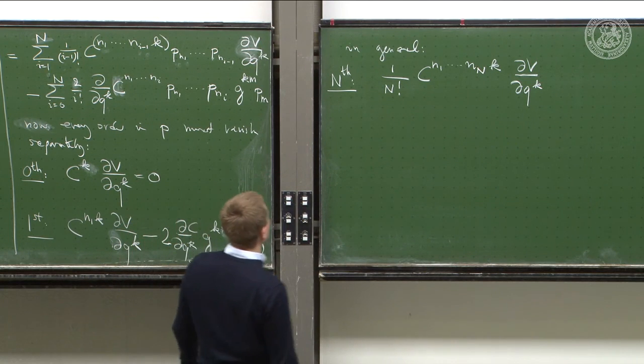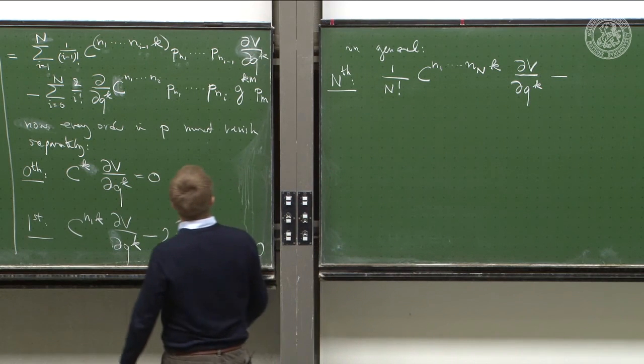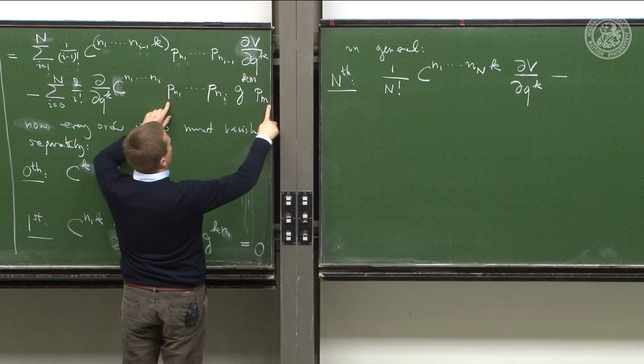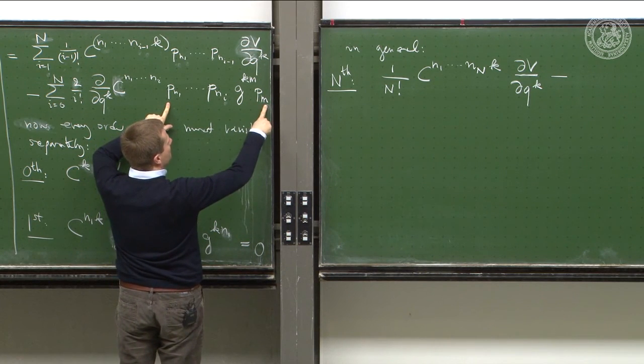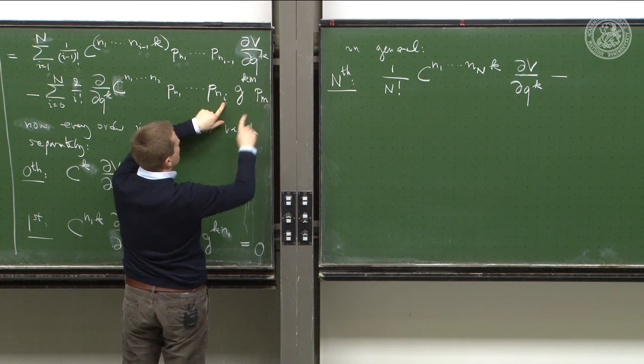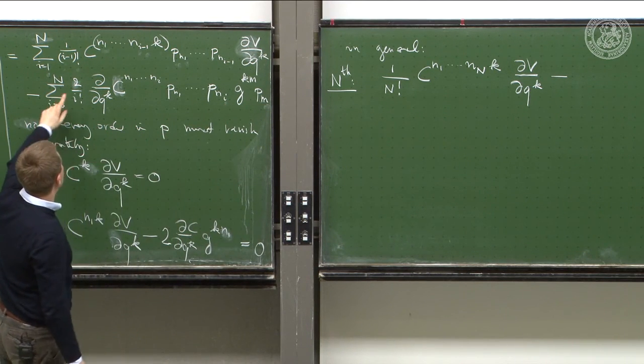That's this guy. And from the second term, I want the guys with n P's. Now, there is an extra one here. So I have capital N P's if the I is n minus 1. I is n minus 1.